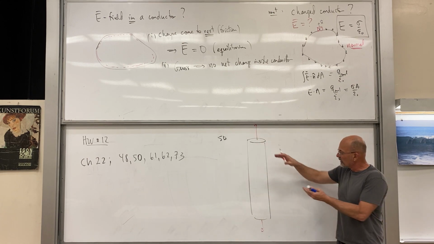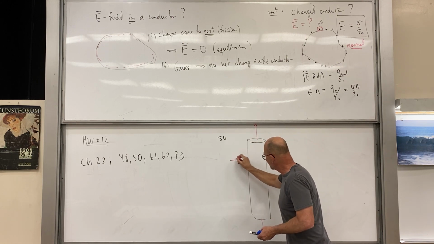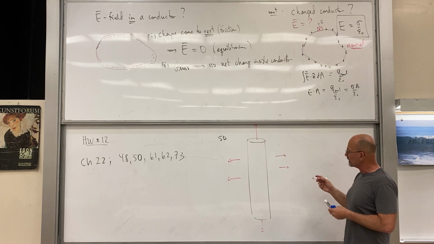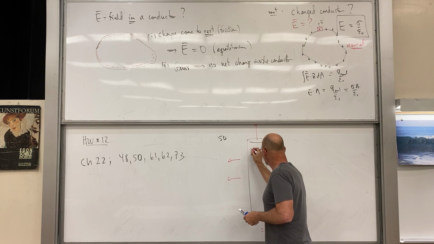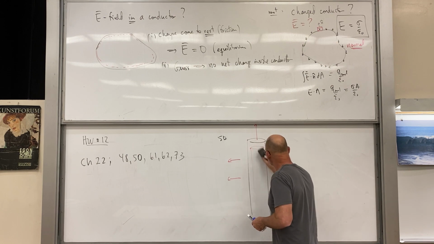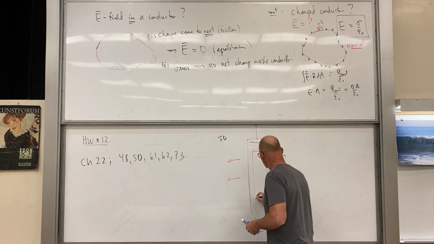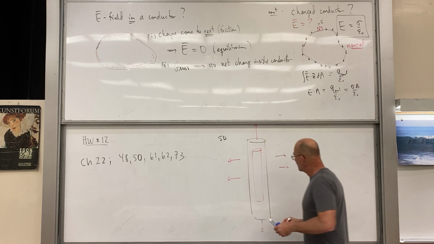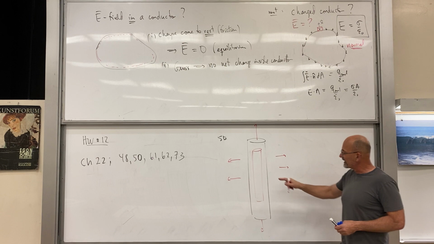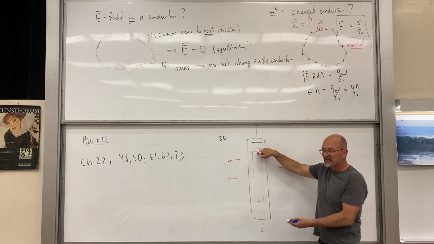Because it's infinite, there are no end effects, and you've got the radially outward direction of the field. Your Gaussian surface for being inside the cylinder is like, I'll draw one here. And then it's very easy to get the total charge inside this thing because it's uniform.